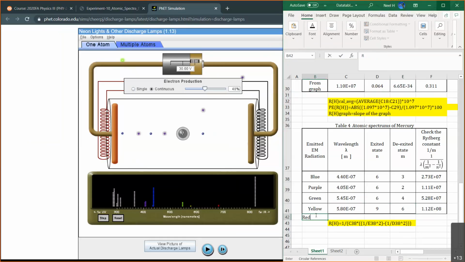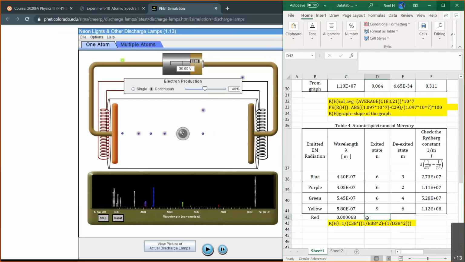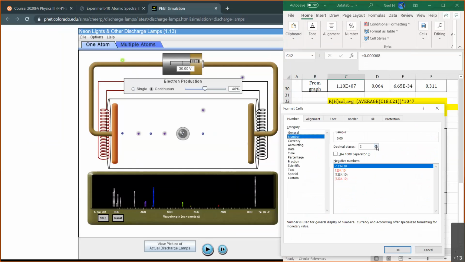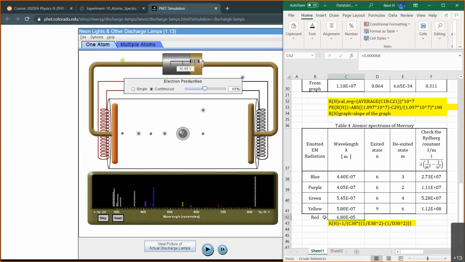Okay, so the red, let's take a look at that also. Red, I can read here 680, equal 680e-9. If you type equal and the number, it will automatically adjust into the scientific notation correctly. So that's why the equal sign is needed. You may need to add another cell if you want to do the next color, because I have only 4 cells highlighted in that table, but adding another row is not a big deal, right?